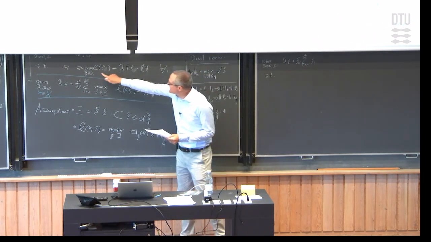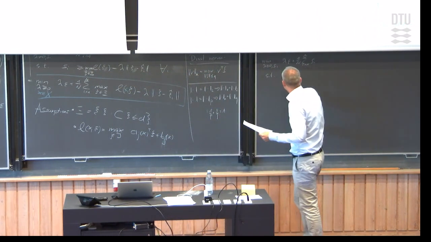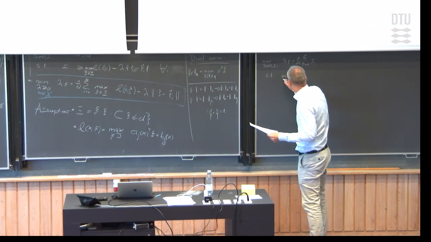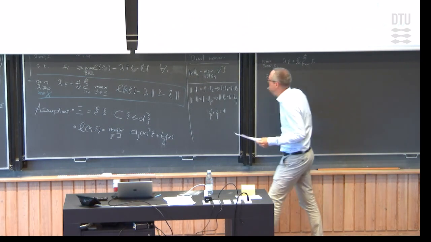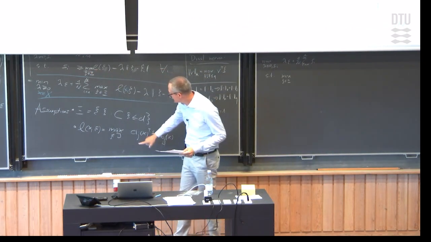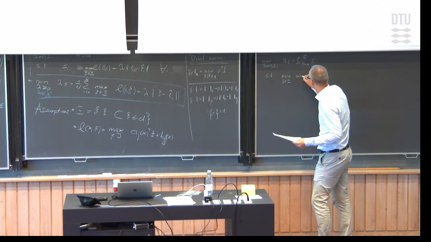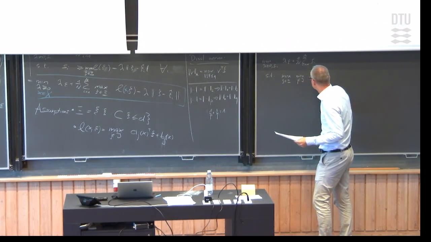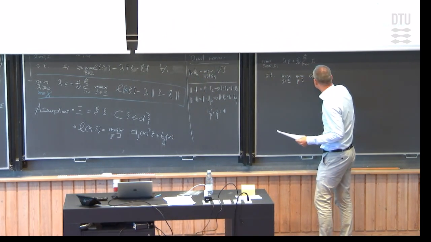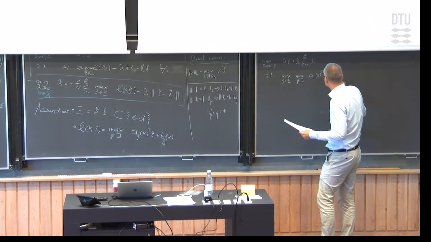And I substitute my definition for L of xi in it. So I have the maximum over all xi in Xi, which I have from here, right? But the L itself is a maximum over j in J, and then I have a_j of x transpose xi plus b_j of x.